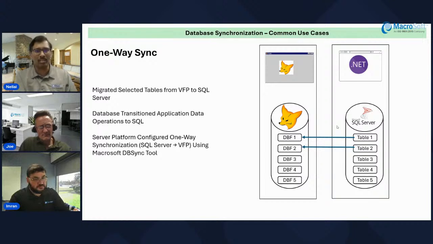In other cases, they work on the VFP DB and want to sync to the SQL one so the .NET application can refer to it. When they make changes from the legacy application, the sync operation updates the SQL, so the new system will read from the updated SQL Server and have the data synced. So this is one case.